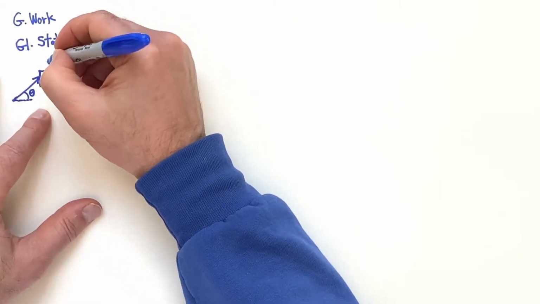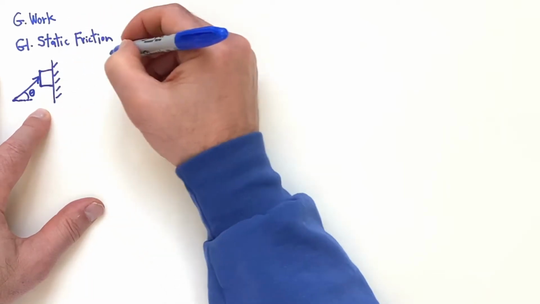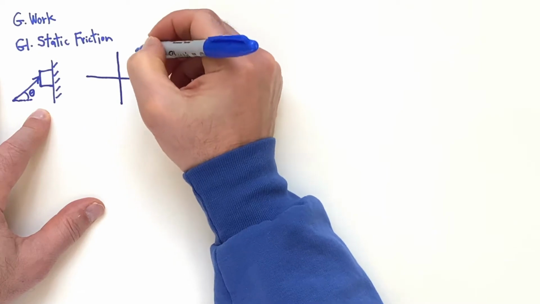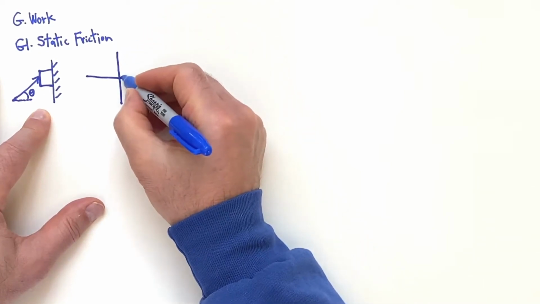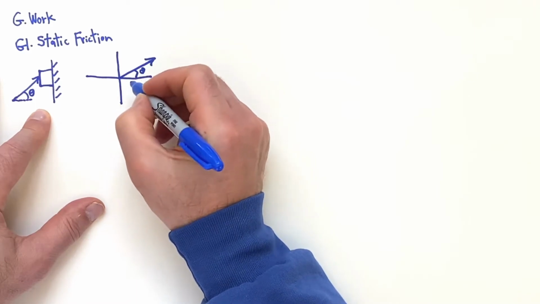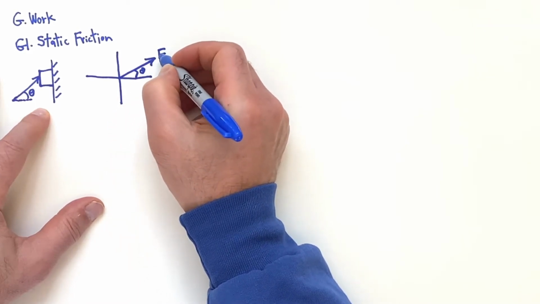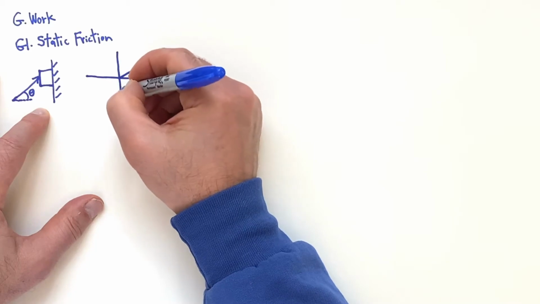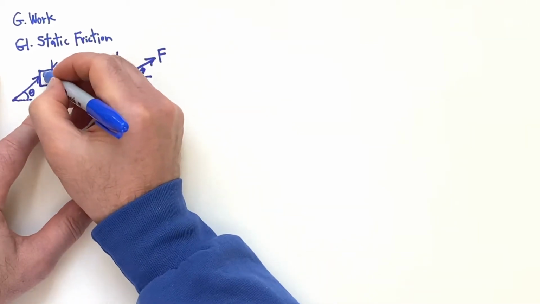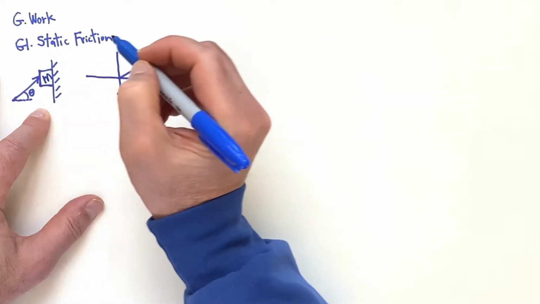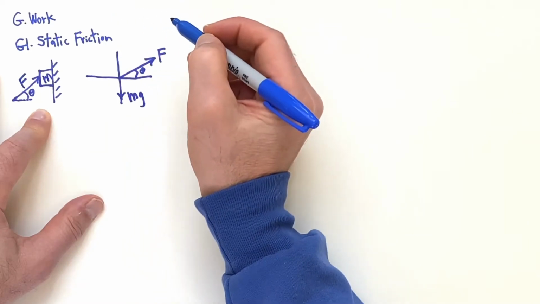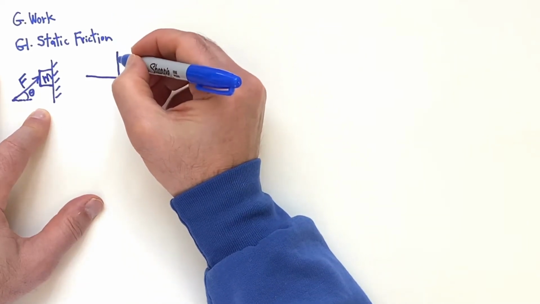Now there is friction, so if we look at our force diagram, let's first get our force in with the angle theta with respect to the horizontal, that's F. We have gravity. Go ahead and make this mass M, force F. And we have friction.